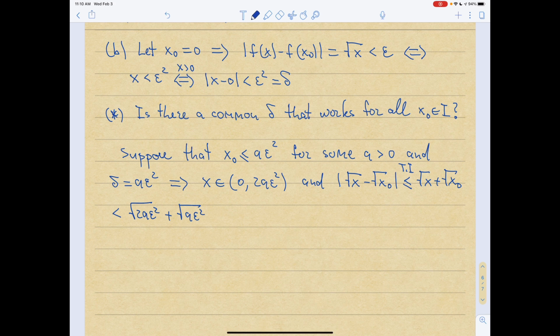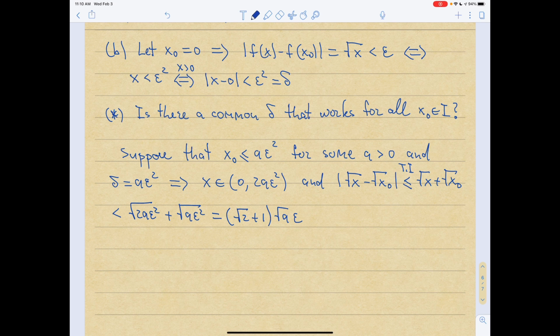So this whole thing, if I take out epsilon squared, is going to be equal to square root of 2 plus 1 times square root of a times epsilon, right? Square root of a is a common factor. Square root of 2 plus square root of 1 I can factor out. Epsilon factors out as well.